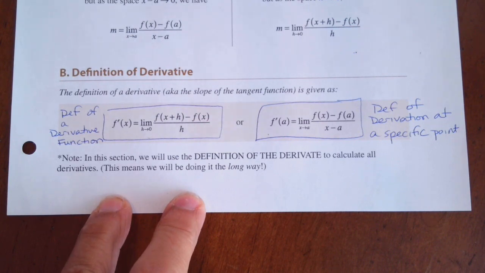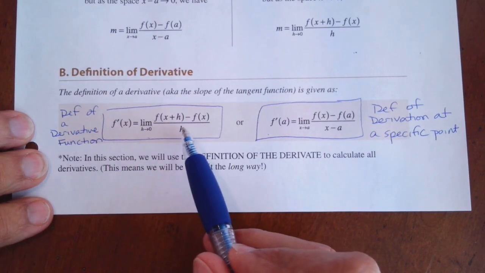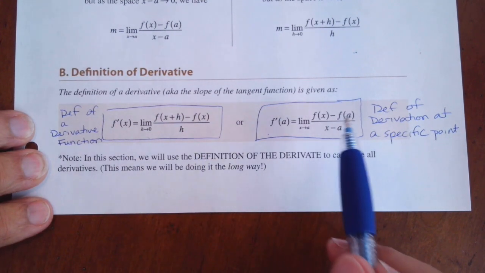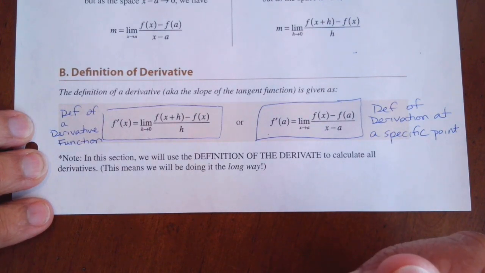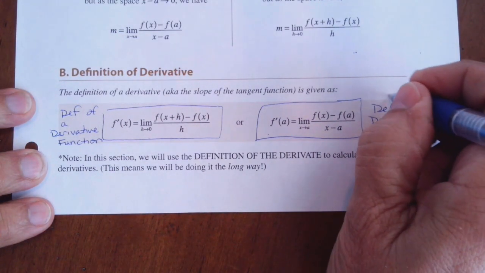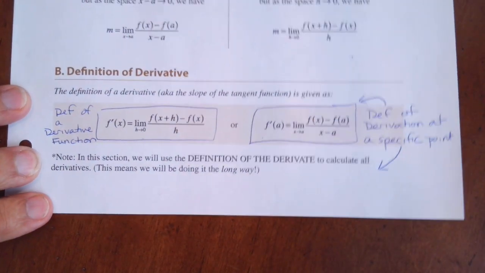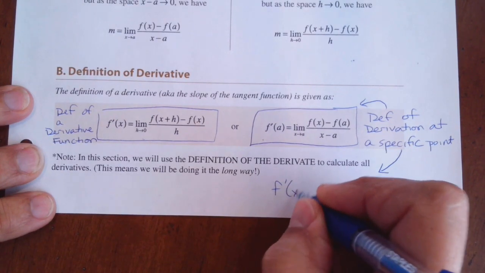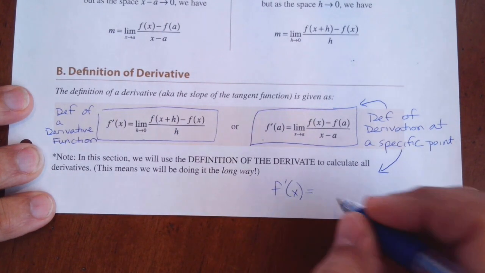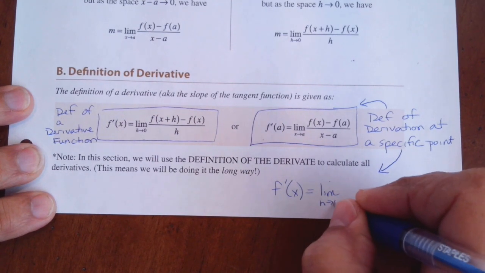All right, now, some of you have learned we can change this a little bit and make it useful for the definition of a derivative at a specific point. So I'm going to put an arrow here, and I'm also going to write a new formula down here, because some of you know this. So we can also look at f prime of x as the limit as h goes to 0.